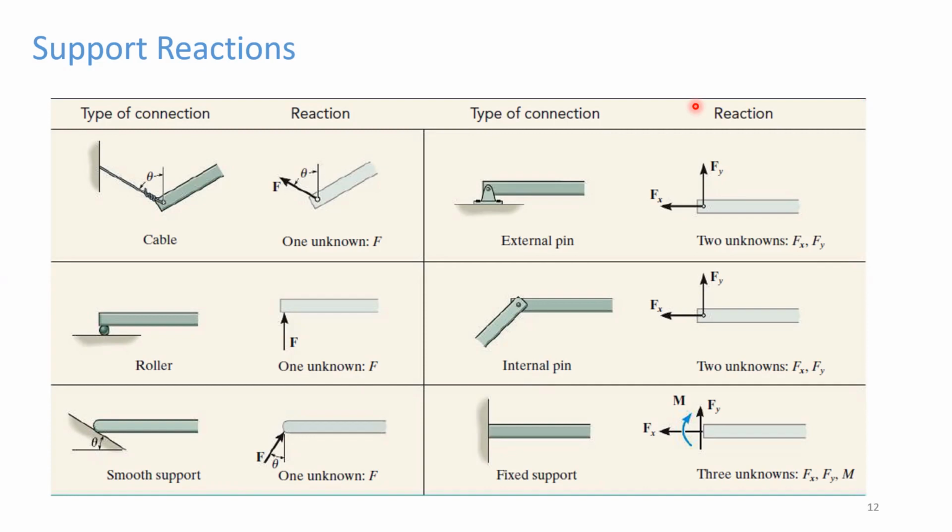Then the internal pin. What happens when we have an internal pin? What kind of reaction forces do we have to use? And also once we have a fixed support, that means it is fixed to the wall. Then how are we going to find it?